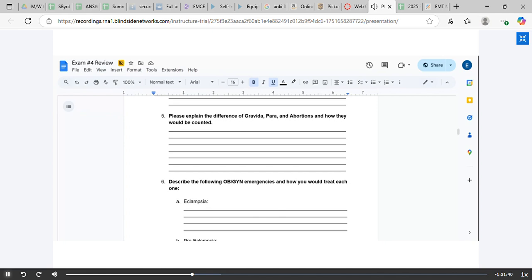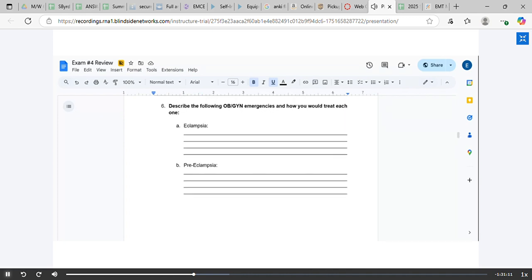If your patient is on her 5th pregnancy and she has 3 live kids and had 1 miscarriage, then that's gravida 5, para 3, abortion 1. So you really need to ask your questions and make sure that you know what the GPA is.